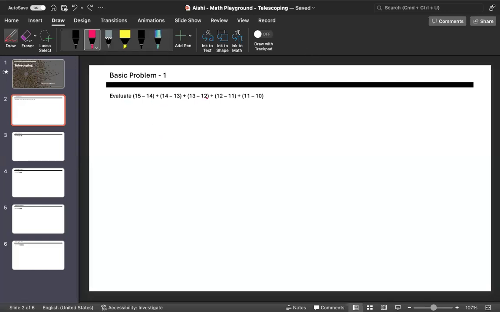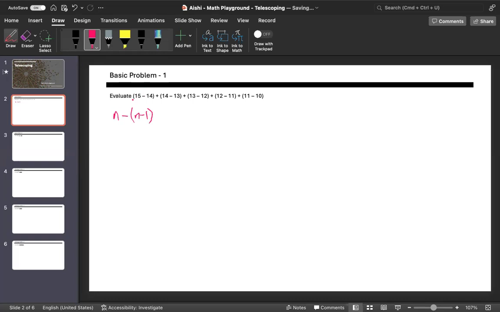Okay, our first problem. Evaluate 15 minus 14 plus 14 minus 13 plus 13 minus 12 plus 12 minus 11 plus 11 minus 10. Okay, now if we find a pattern, in general, we have n. Let's say that our common number is n, so n minus (n minus 1), right?